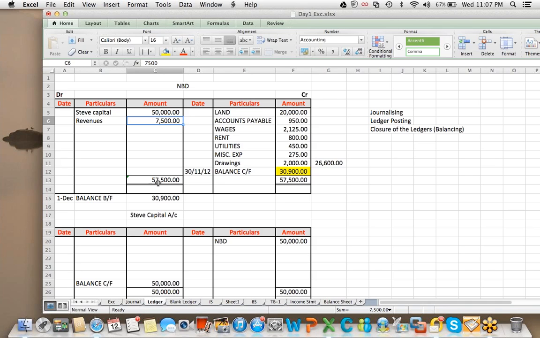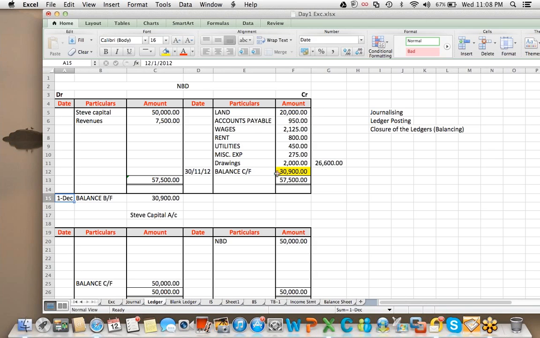So the bank owes us 57,500, right? And we made payments from the bank this way, 29, 52, 125, etc., including 2000. The total payments we made from the bank account is 26,600. So the balance on 30th November should have been 30,900 as per our books. Is it clear? Okay.